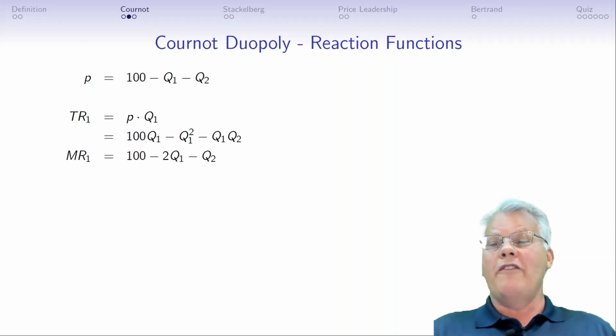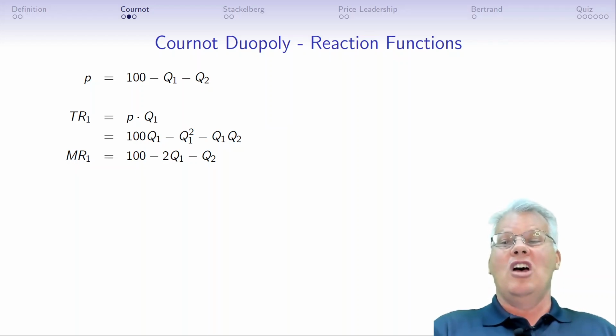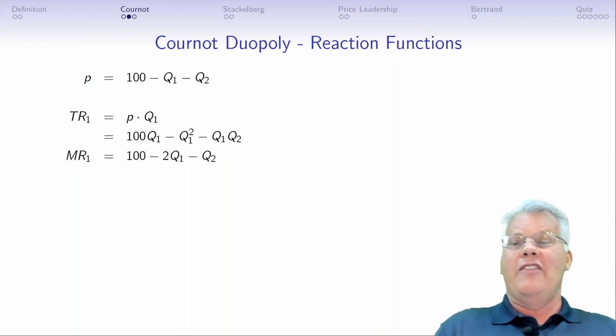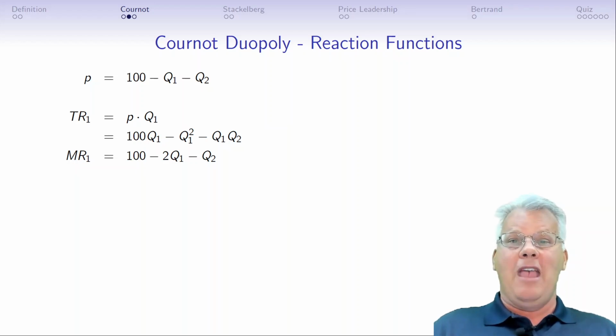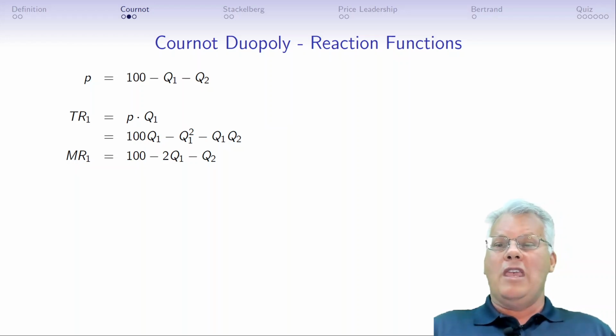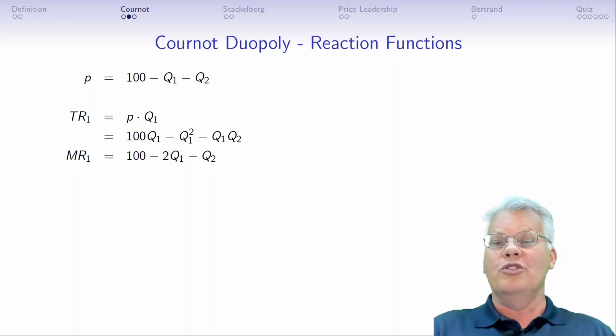So the total revenue for firm 1 would be the price times the output that firm 1 chooses to produce. And then we substitute in the inverse demand function from the previous line up, and we get total revenue now as a function of the quantity that firm 1 produces and the quantity that firm 2 produces.